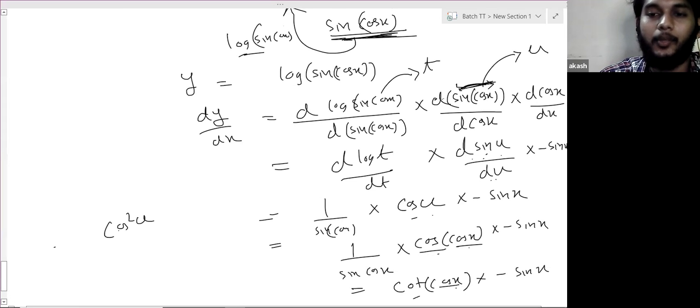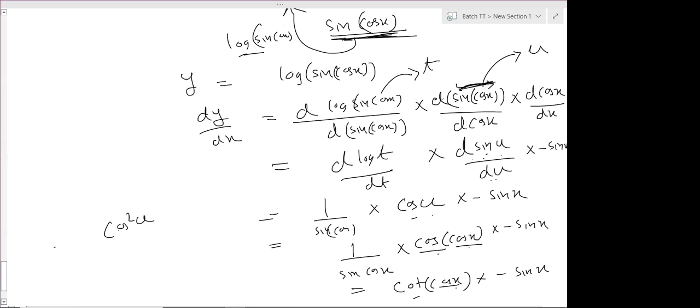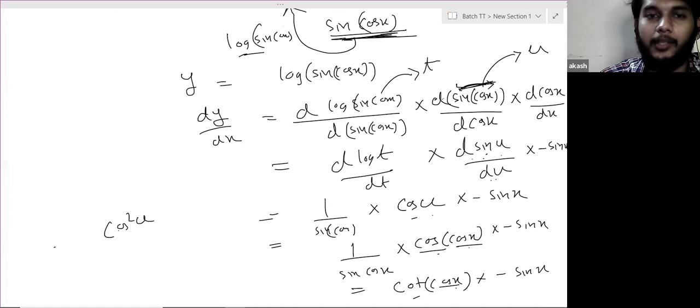This is the soul, this is the body. Please note it down. I hope these three functions are also clear. If they give you 3, 4, 5 functions, even that is clear.